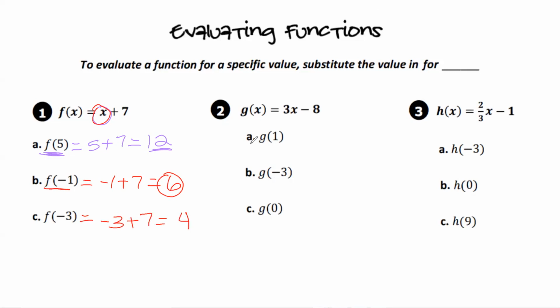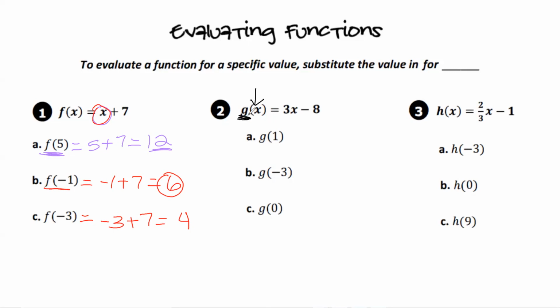They're trying to make it a little bit more challenging because they're adding in this multiplication here. Same thing that we're going to do. We're going to take this 1 and plug it in here. Look at how they wrote this, though. They put g of x. That's okay. They're just naming this g instead of f. Don't get caught up in this.